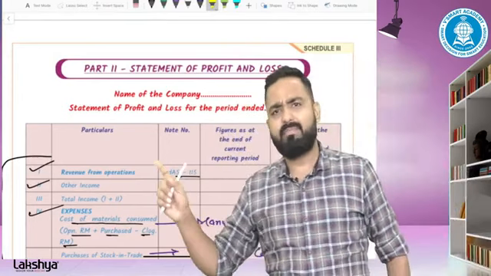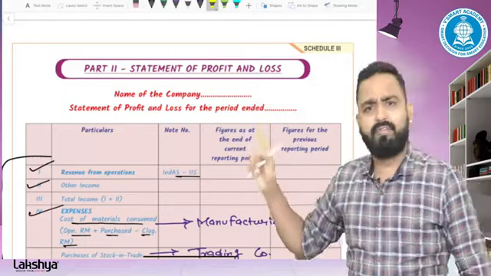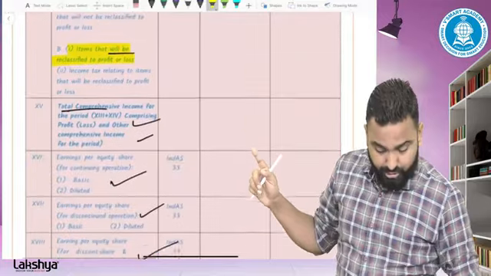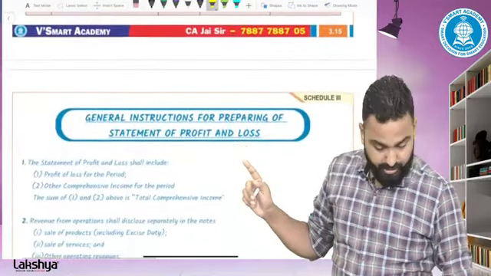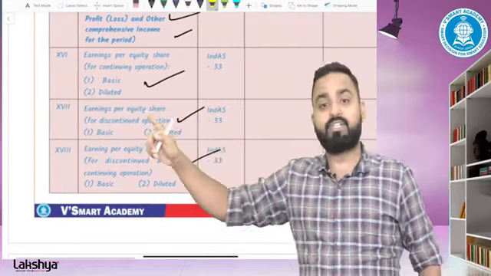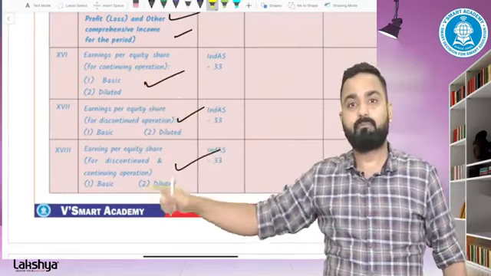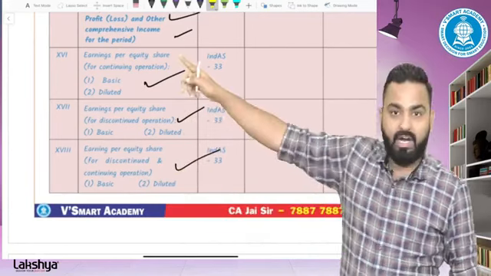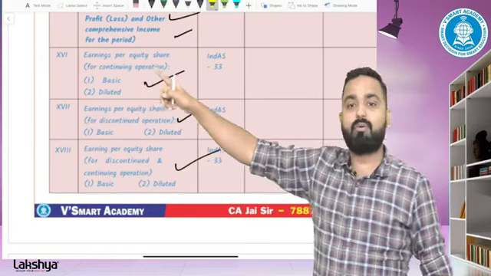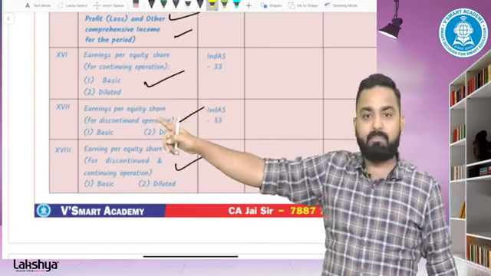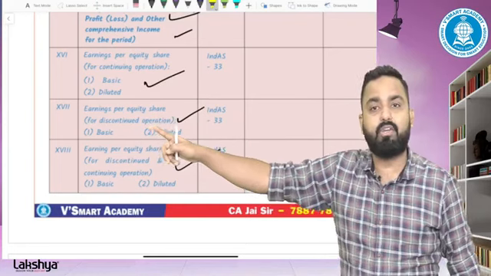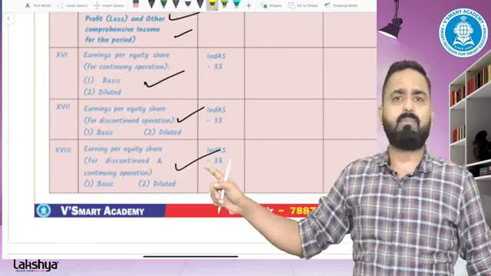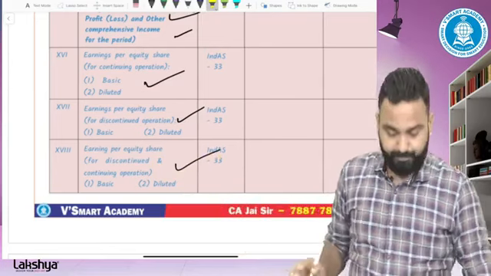If you can remember, under the statement of profit and loss, Schedule 3 requires to disclose earnings per share on the face of the P&L. If you can see the last three rows: earnings per equity share from continuing operations, earnings per equity share for discontinued operations, and earnings per equity share for the total operations, meaning continuing and discontinued operations both.